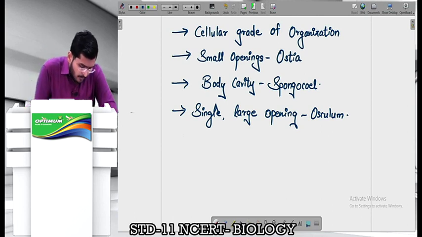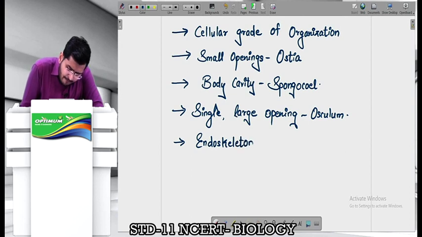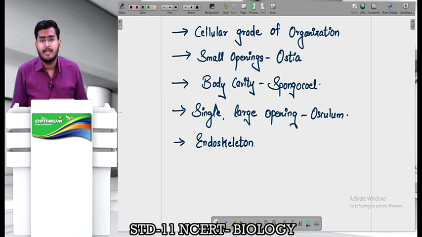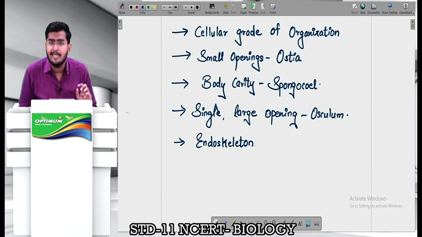Okay, now let me tell you that these organisms have an endoskeleton. Now what do you mean by this, students? Please understand that a skeletal framework, or skeleton, is that which provides support to our body. To give shape to our body and to provide support, the skeleton is a very important component.